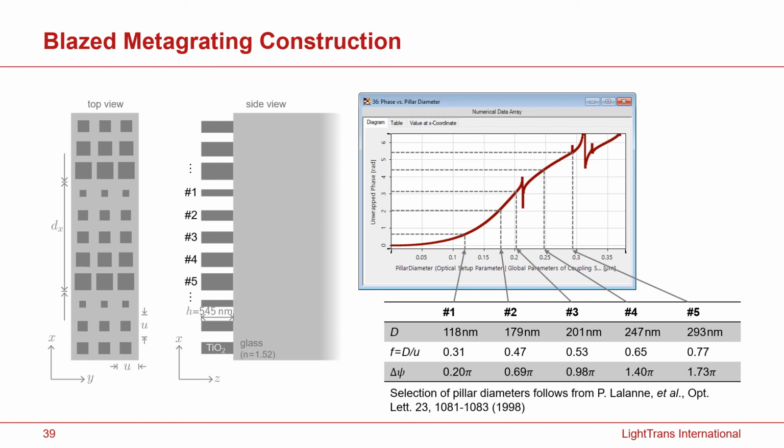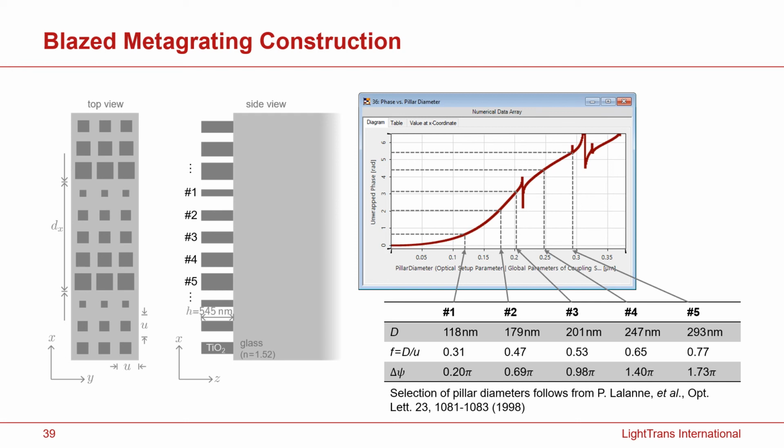Next, we are going to select those proper pillar diameters and distribute them on the metasurface plane. And here, according to Philippe Lalanne, we have selected 5 different values for our nanopillars. If you look at this red curve again, you see that a relatively small pillar diameter corresponds to a relatively small value of phase transformation and vice versa.